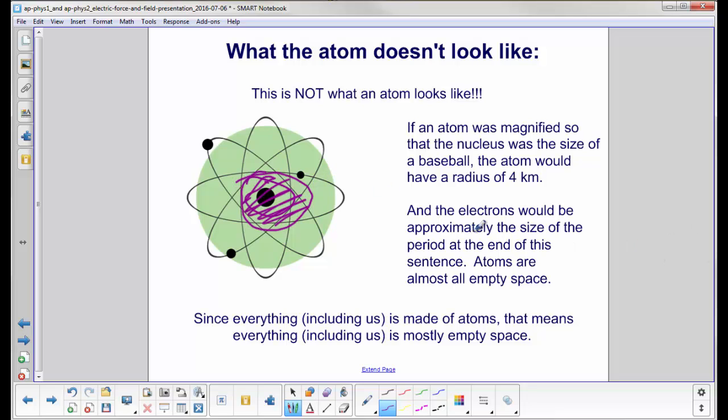And the electrons would be approximately the size of this period right here. I can't really draw 4 kilometers on this page, but that's pretty far away. What does that tell you about atoms? They're mostly empty space. Then since everything, including us, you and me, is made up of atoms, that means everything, including us, is mostly empty space.